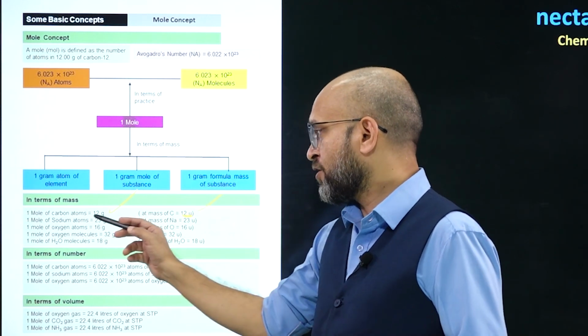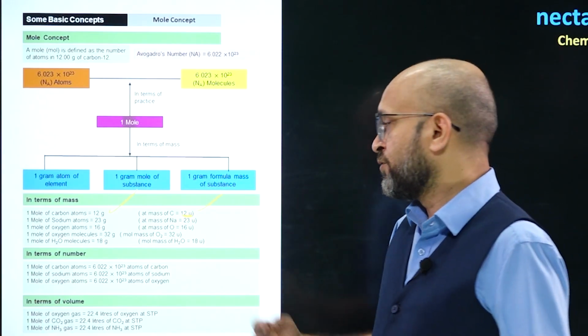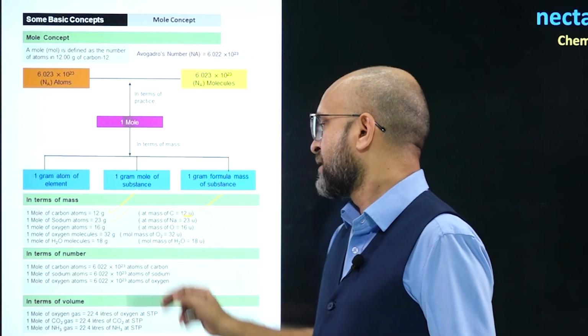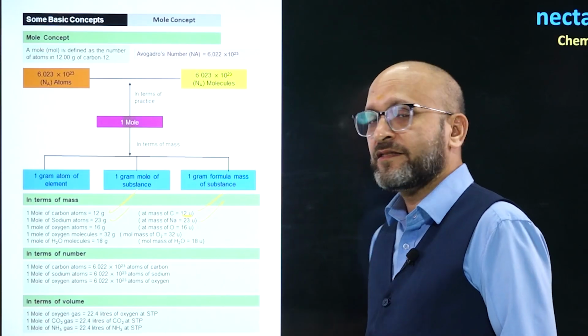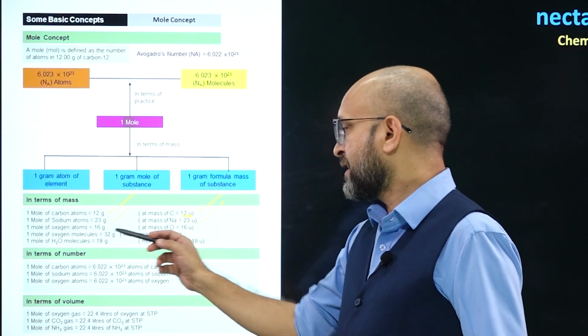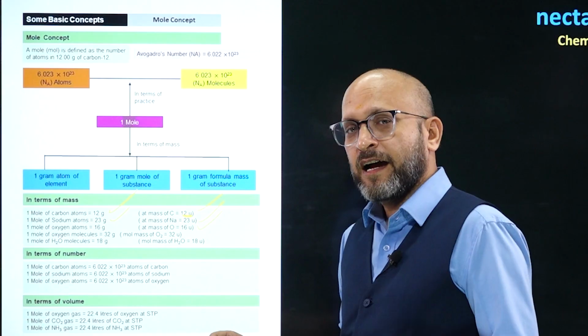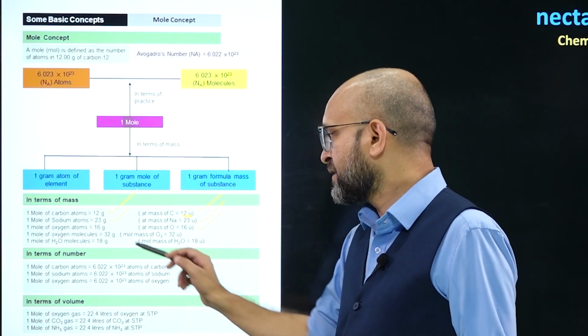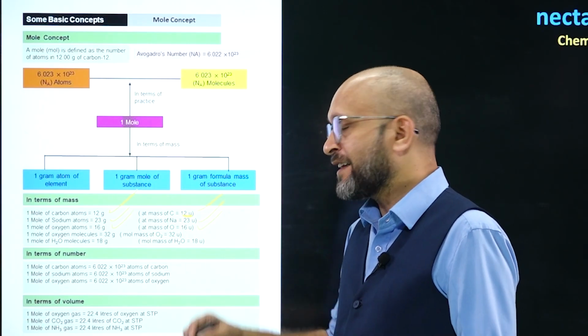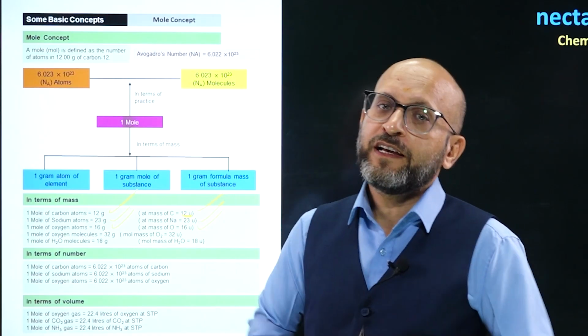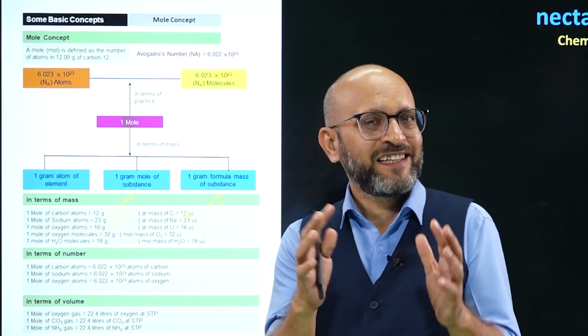Same way, the mass of 1 mole sodium atoms, you will just say 23 grams, since the mass of 1 sodium atom is 23 u. Oxygen 1 atom is 16 u, and the mass of 1 mole oxygen atoms is 16 grams. That is the power of mole. It makes life easy.